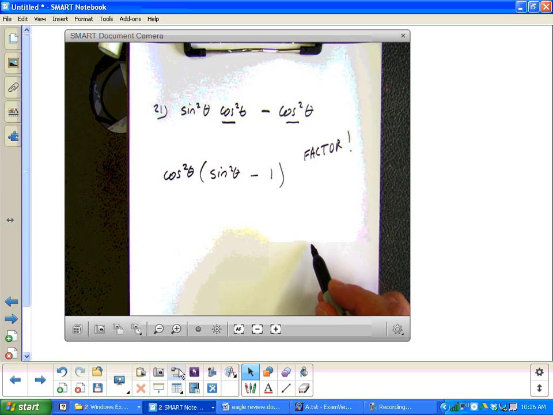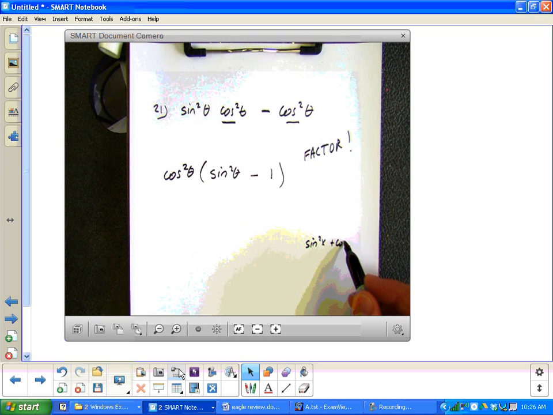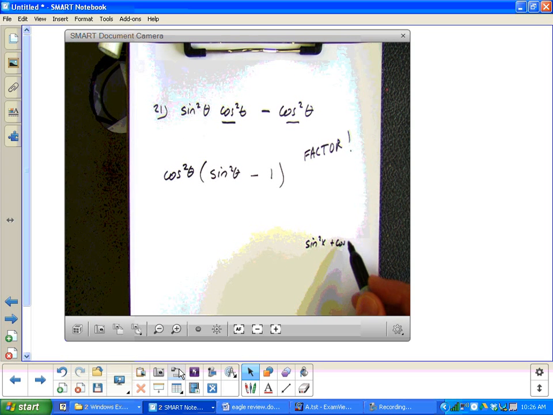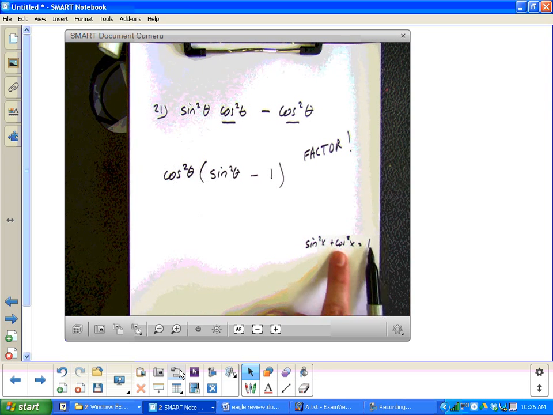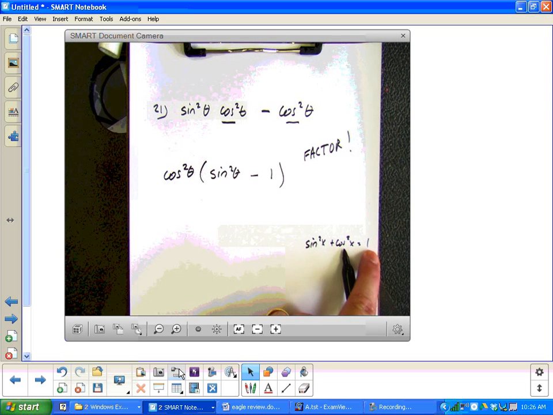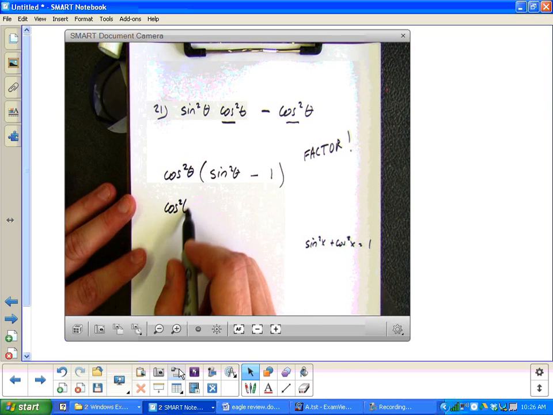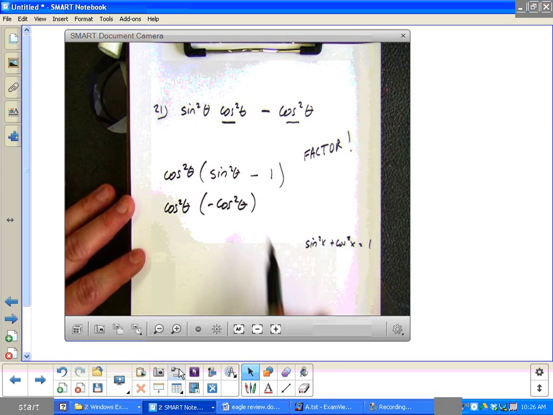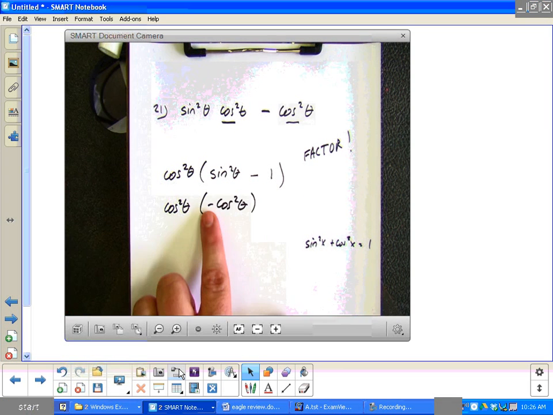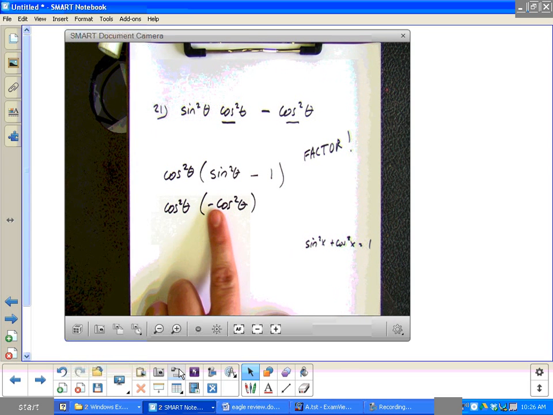You know that sine squared x plus cosine squared x equals 1. So to get sine squared minus 1, you just swap these two, so it's negative cosine squared. So you get cosine squared theta times negative cosine squared theta. Did y'all see where I got negative cosine squared from?